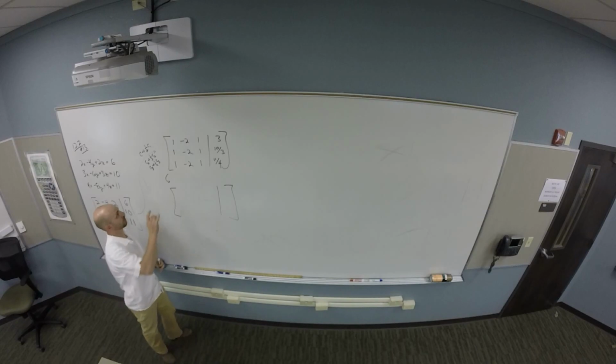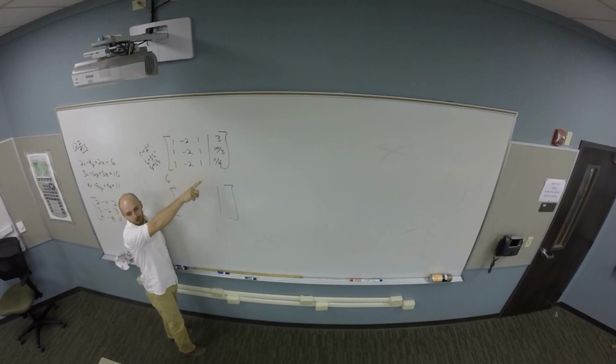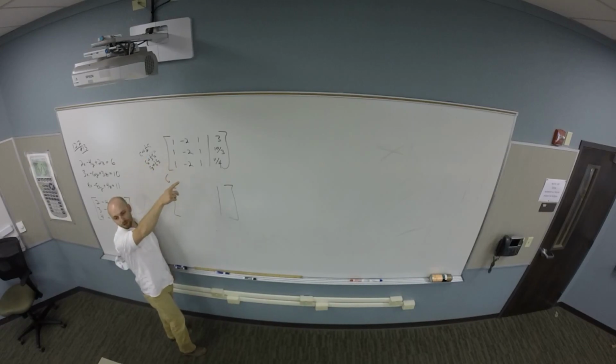So I want to look at this middle row, right? And I want to get a 0 here. And I think this is going to answer your question in a second. So if I try to put a 0 here, how would I do that? I'm going to multiply one of the other rows by negative 1 and then add it, right?